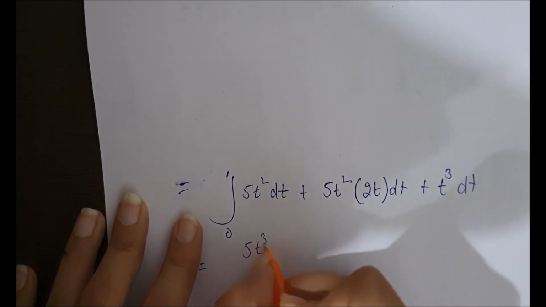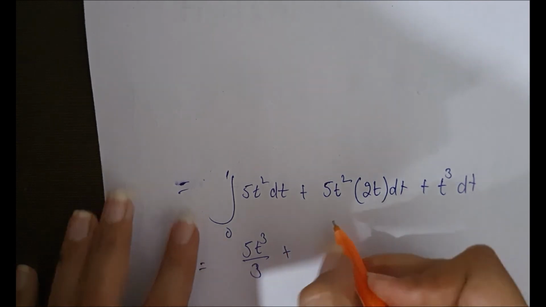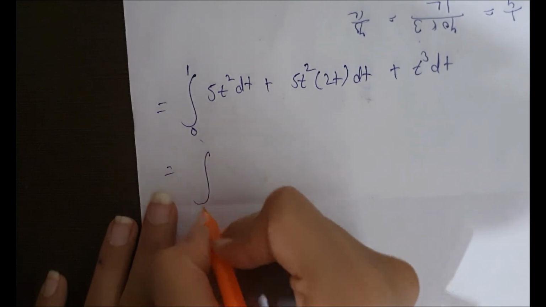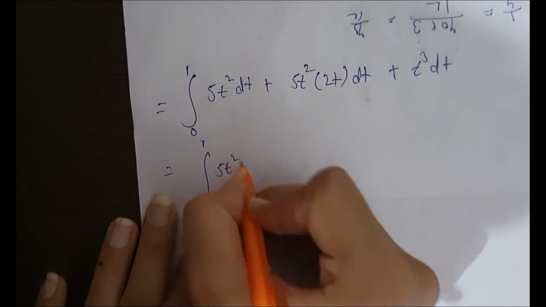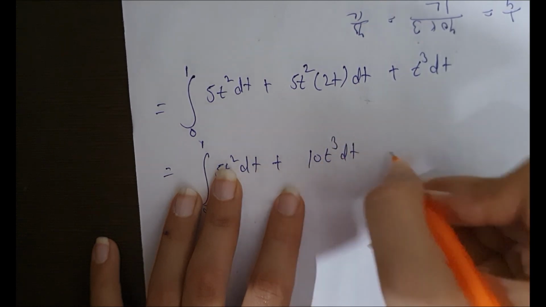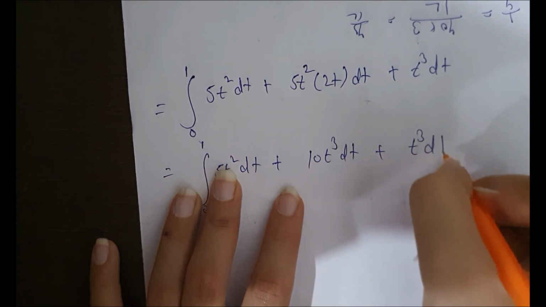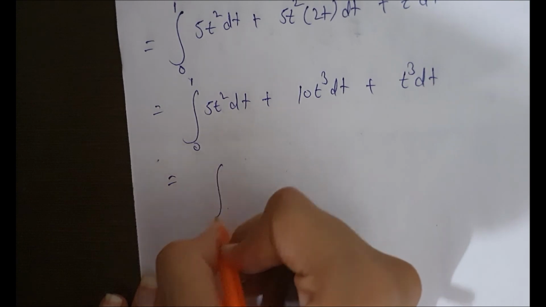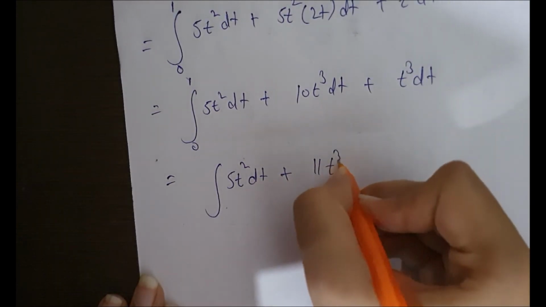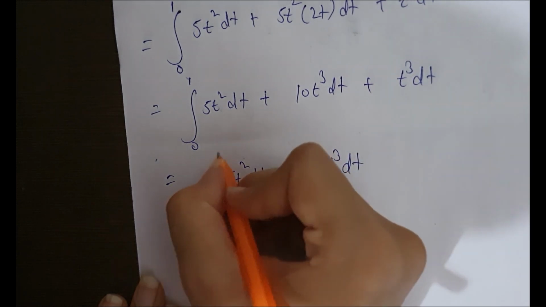This will be 0 to 1, 5t square dt plus 10t cube dt plus t cube dt. This will be 5t square dt plus 11t cube dt, 0 to 1.